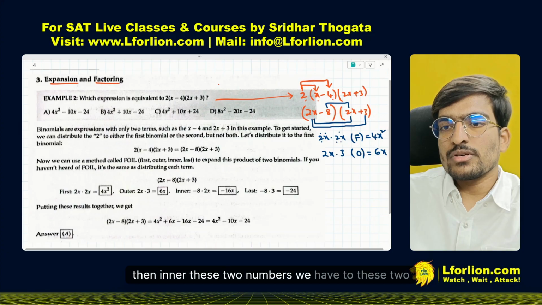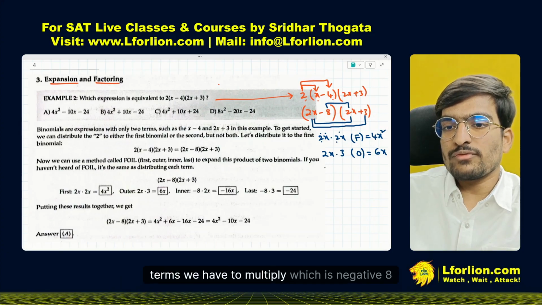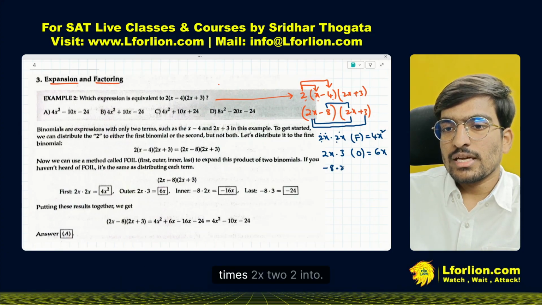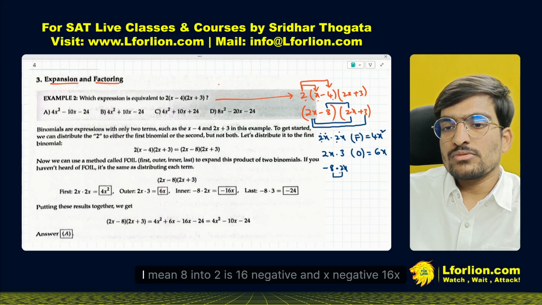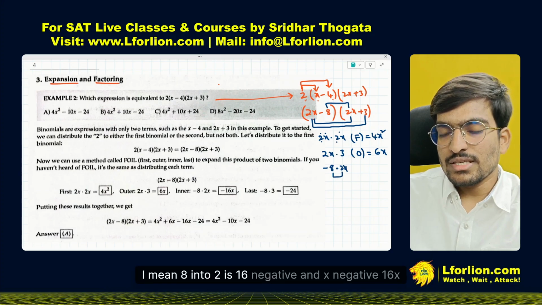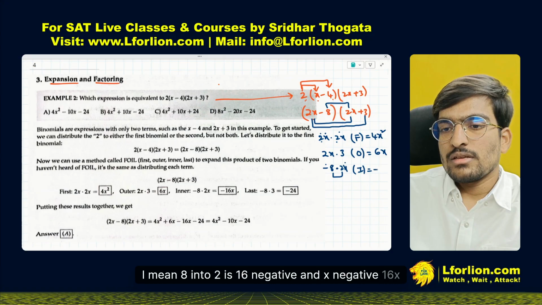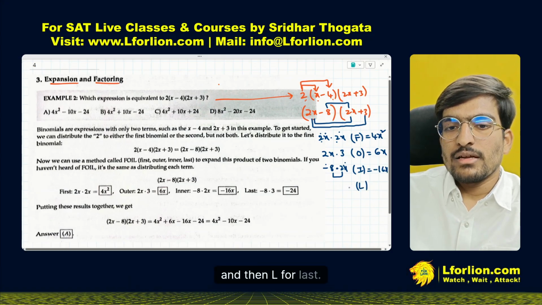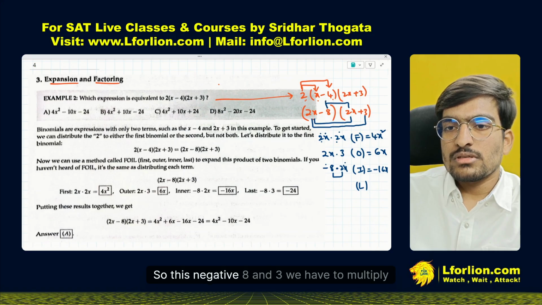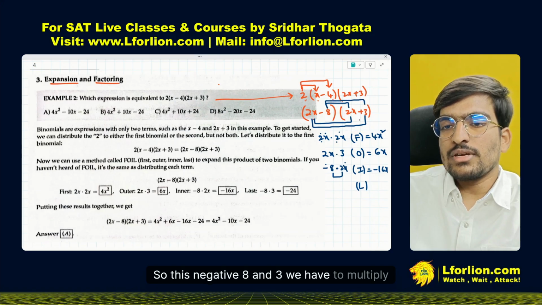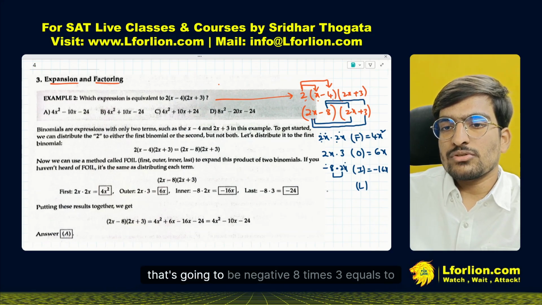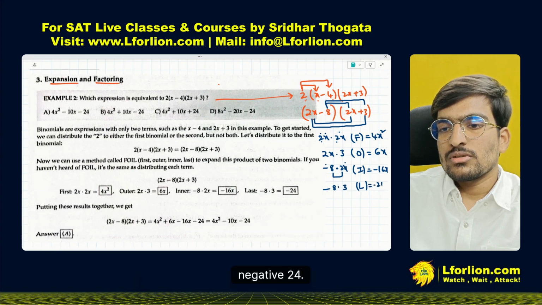These two terms we have to multiply, which is negative 8 times 2x. 8 into 2 is 16, negative, and x. Negative 16x. And then L for last. So this negative 8 and 3 we have to multiply. That's going to be negative 8 times 3 equals negative 24.